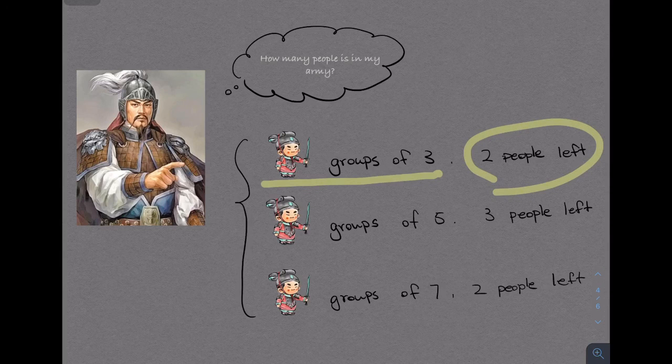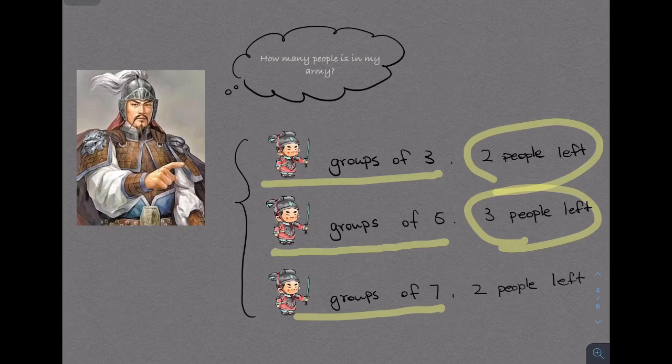If he asked the people to stand in groups of 5, 3 people were left, and he got a remainder of 3. If the people stood in groups of 7, 2 people were left, and he was asking how many people are in his army.